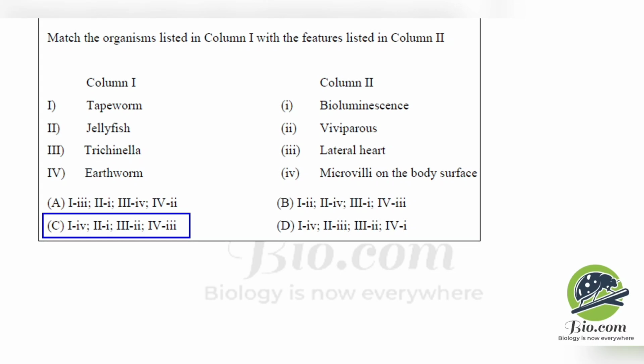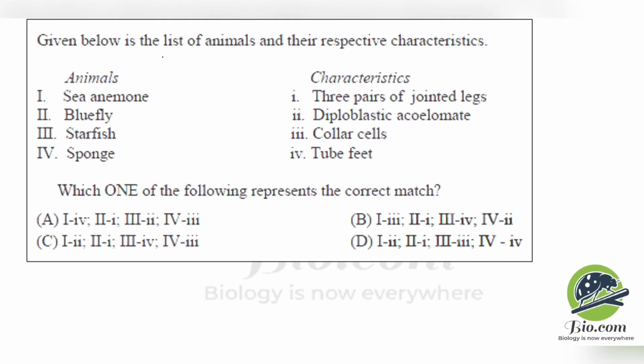Now moving on to the next question. Given below is the list of animals and their respective characteristic. So you must be aware about the sponges. Sponges are known for the collar cell, porifera. So where is fourth's 3? 4's 3 is here and it is not in these two. You can eliminate B and D. Starfish is an echinoderm. So echinoderms can be caught with the tube feet.